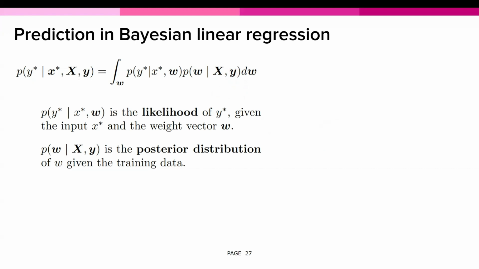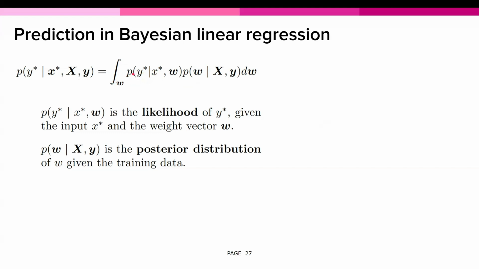And so in terms of how this is done, this is done by a weighted average over all possible models, specifically by integrating over all possible values of the weight vector W. So this first term in the integral, probability of y star given x star and w, that's the likelihood function.